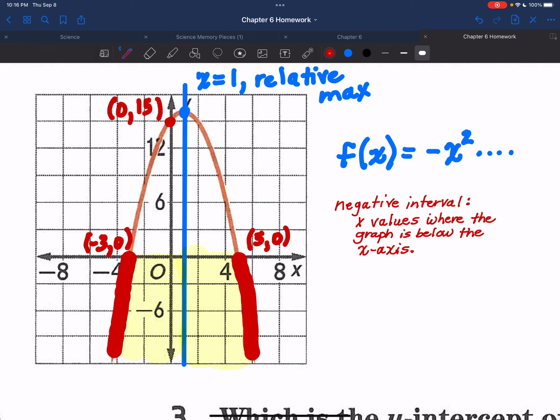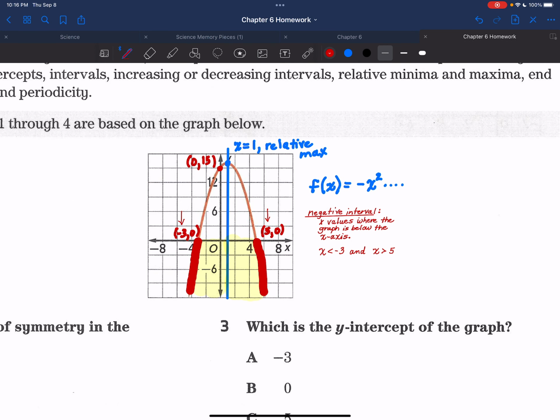So I would say that when x is less than -3, which is this point right here, so below -3, or when x is greater than +5, we have a negative interval. Not a decreasing interval, but the negative interval. And I always get those mixed up.